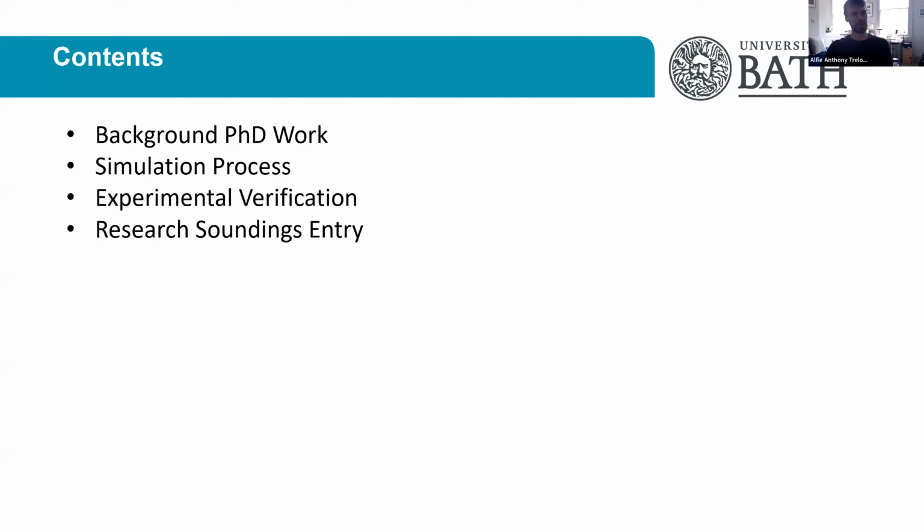So I'll just start by giving some background on my PhD work to provide some context, and then I'll give a brief overview of the simulation process that I developed, light on maths, so don't panic, followed by a look at the experimental validation of it, and then finally the focus of the presentation will be a more in-depth look at my research soundings entry.